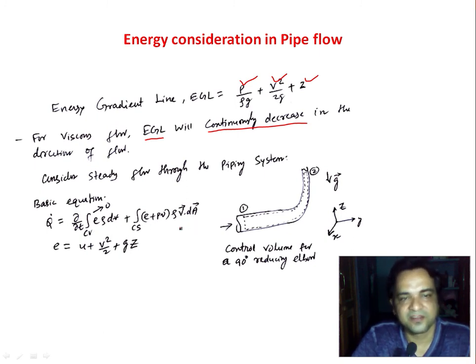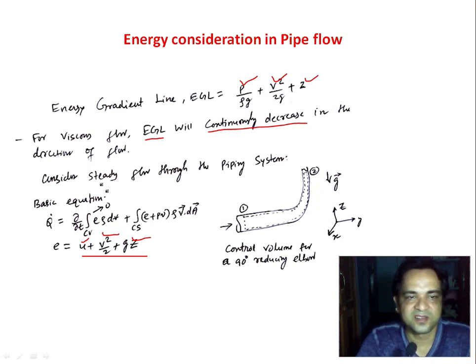I have just written the first law of thermodynamics for the control volume using it. The small e is the specific energy, which consists of internal energy, kinetic energy and potential energy. The flow is steady, so the first term on the right-hand side will be 0. So Q dot equals only this much.